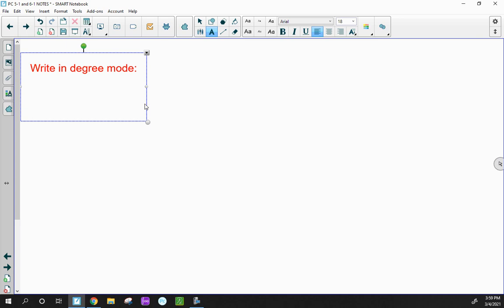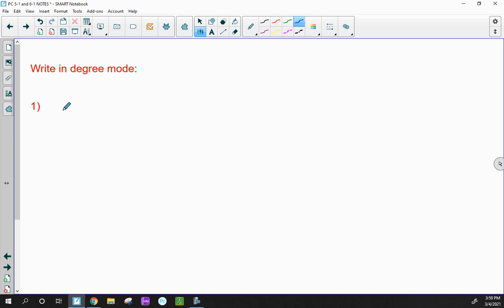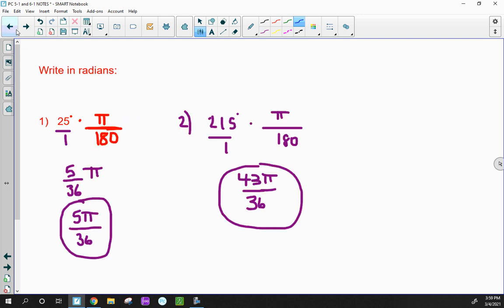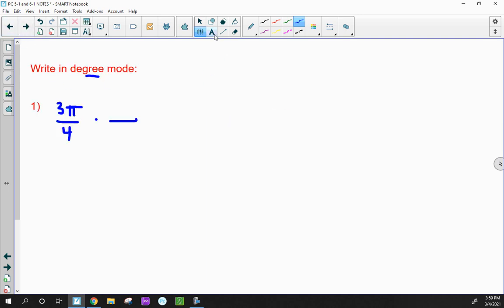Alright, so let's try this. What about 3 pi over 4? Now, I know that's radian mode because I see a big pi in my problem, and I'm trying to change it to just degree mode. Let's go back for a minute. So to change, let me just type it here.